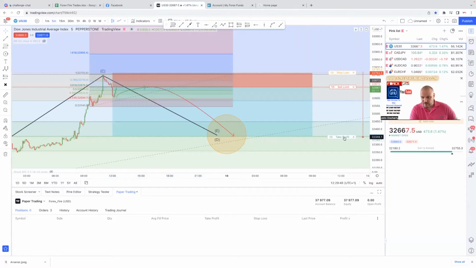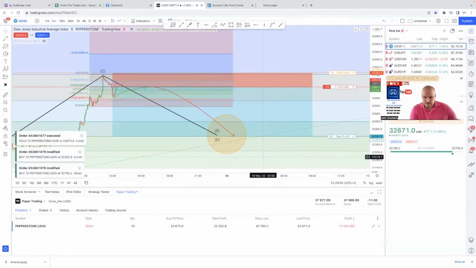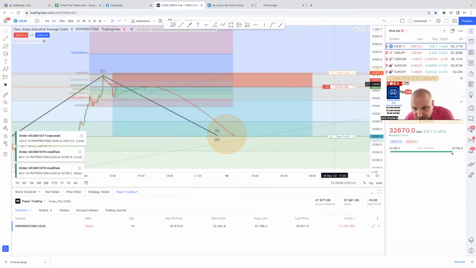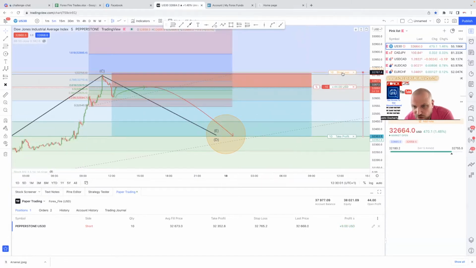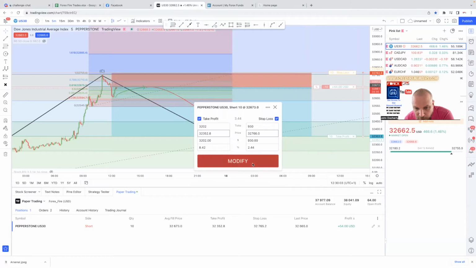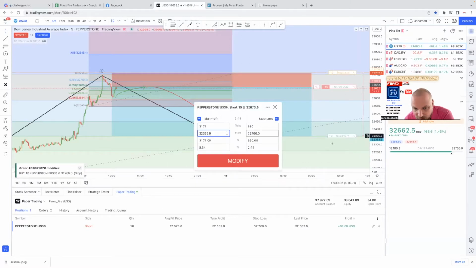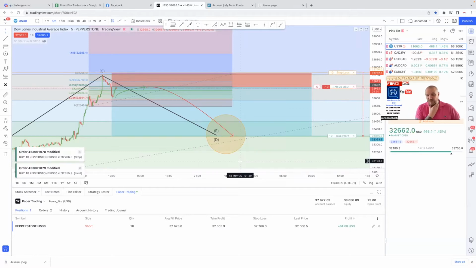If this was to come to take profit, each pip is going to be worth just over $10 or so. If this was to lose, it'll be about $930. If it goes on to get to the target that I'm looking towards, it'll be just over $3,000 of profit.